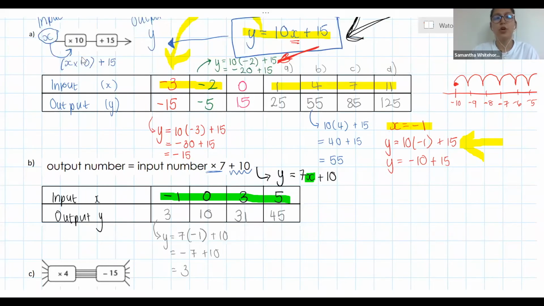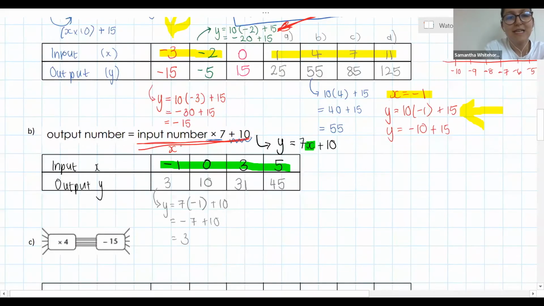Okay, cool. So the rule I'm getting from this statement over here is telling me that my input number, which is x, is being multiplied by 7, and then I'm adding 10. So that's all I'm doing here. This is the x times 7, and then I'm adding the 10. So all I'm doing is writing an algebraic equation to represent the words that I've written down.